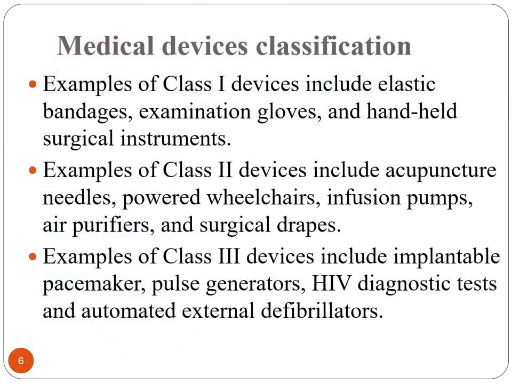These are examples of different classes of medical devices. Examples of class 1 devices include elastic bandages, examination gloves, and handheld surgical instruments.